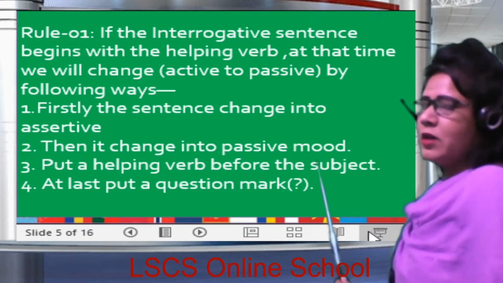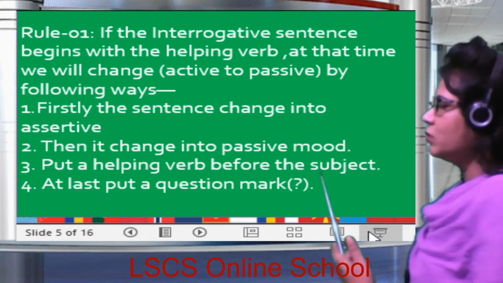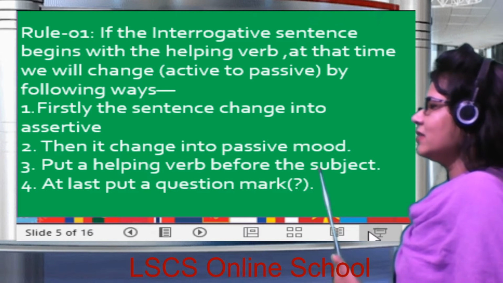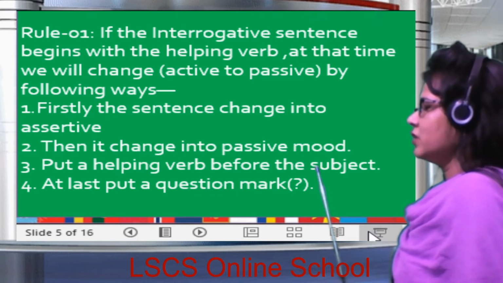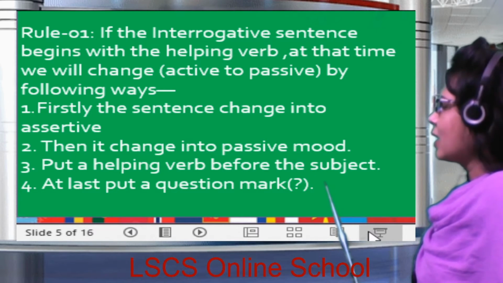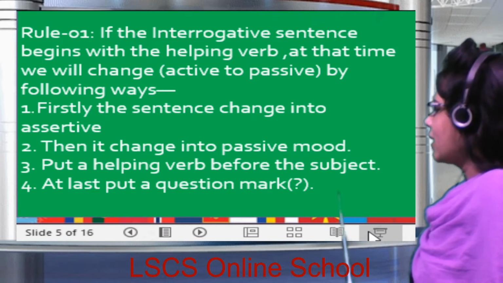Put a helping verb before the subject. Whenever you put a helping verb before the subject, obviously it will be an interrogative sentence. And then at last put a question mark. In this way we can change voice from active to passive in an interrogative sentence.